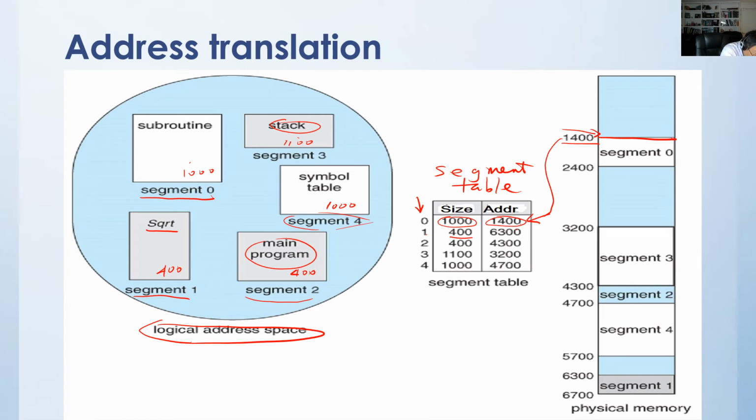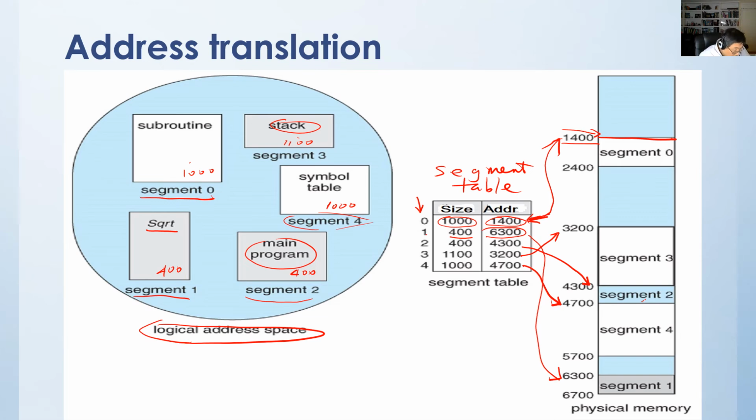And segment 1 starting address is 6300. And then segment 2, that's in here. And segment 3 over here. And segment 4 over here, 4700. That's a starting address.